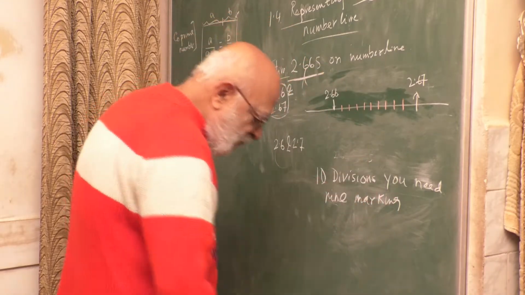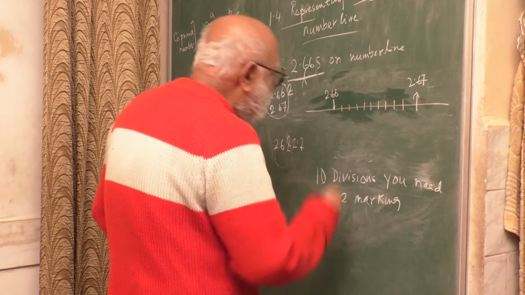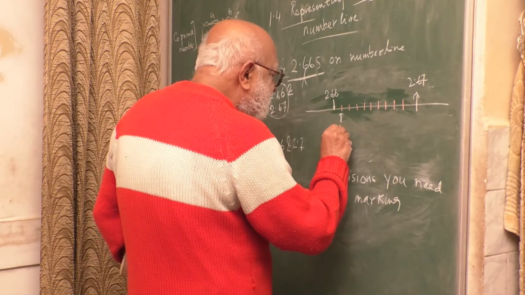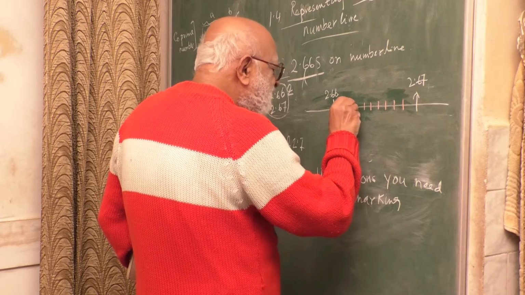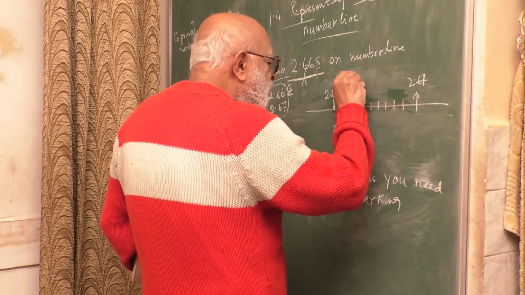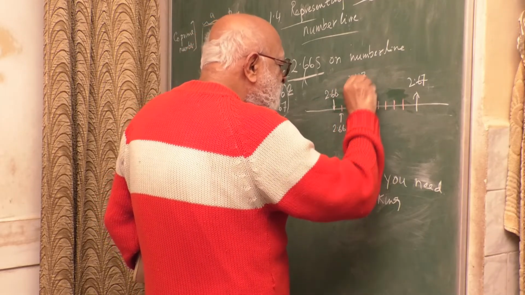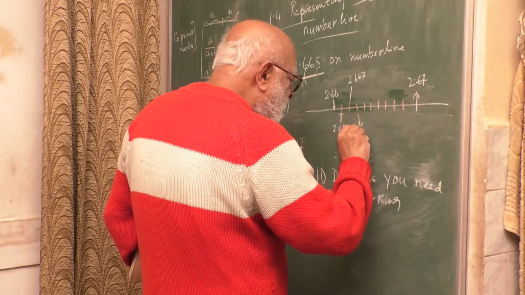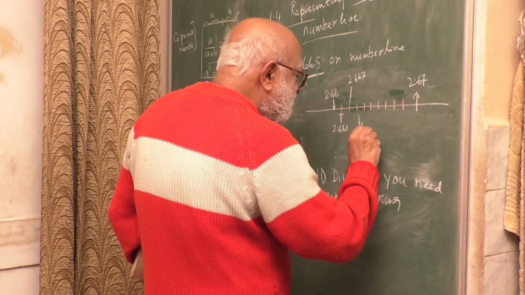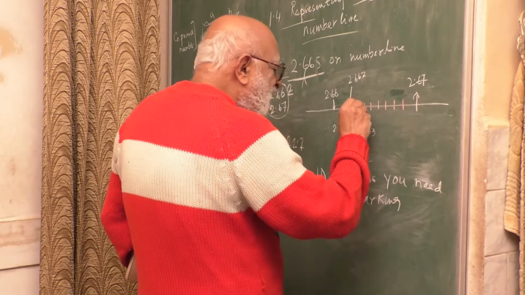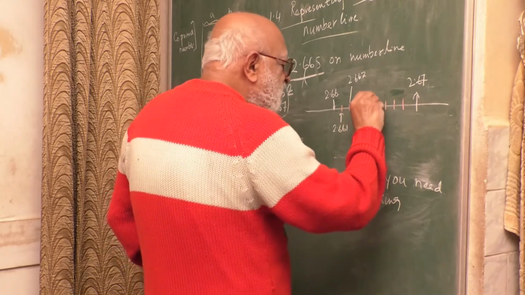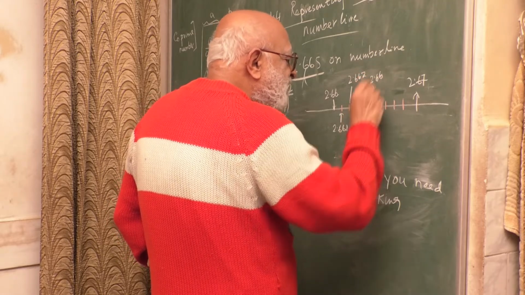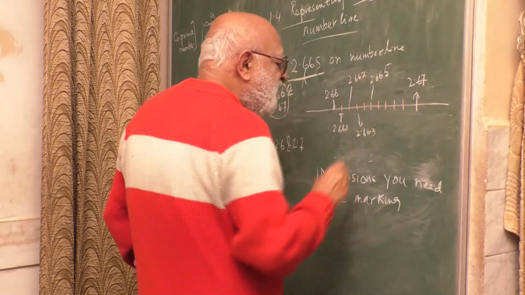Okay, so then what will this one be? The first one will be 2.661. The next one will be 2.662. The third one will be 2.663. I leave one here. So I will go to 2.664. I have left, so it should be 5.